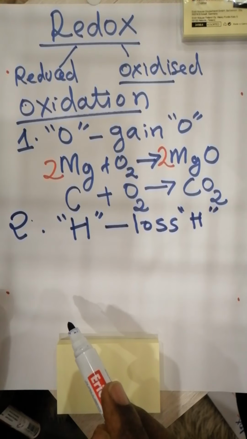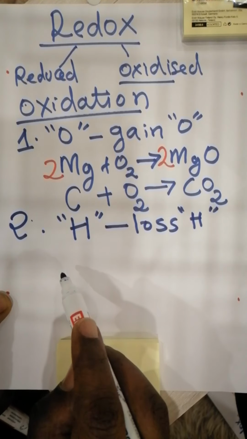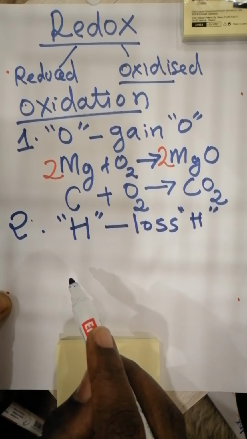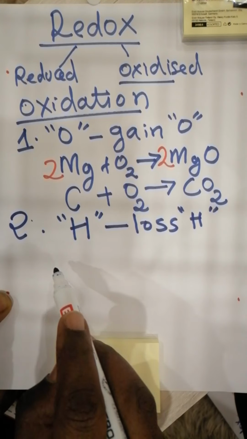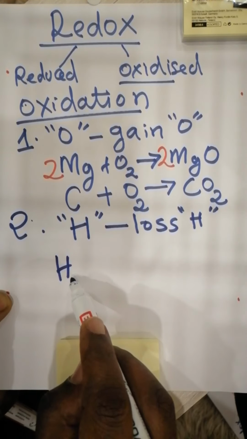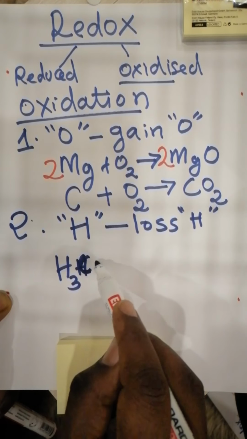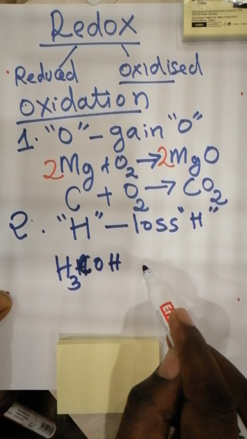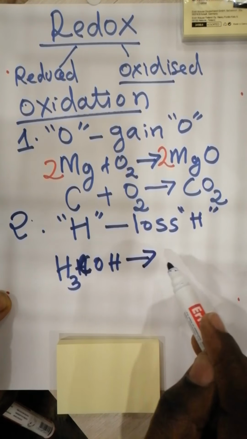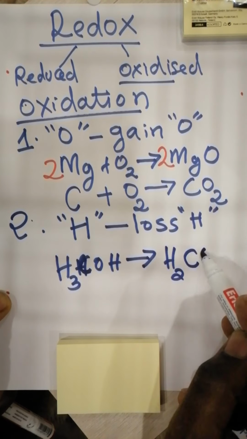A simple example would be a situation where you have maybe an alcohol. Let's take the simplest alcohol, which is methanol. It's methanol being oxidized to form methanal, CH2O.